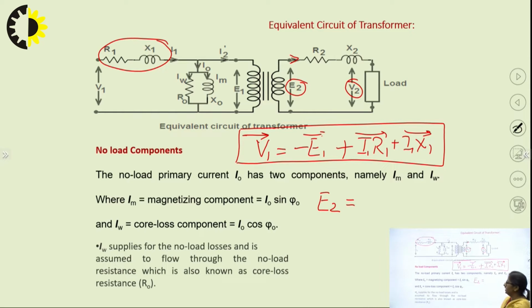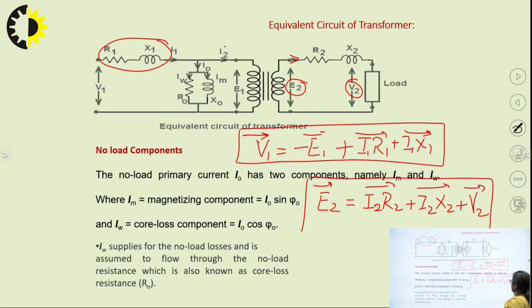So E2 is equal to the drops I2 R2 plus I2 X2 plus the terminal voltage V2. The phasor sum of all these will give me E2. So this is the equation which is relating the secondary induced EMF and the secondary terminal voltage.